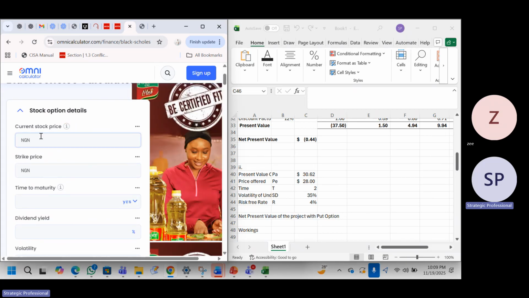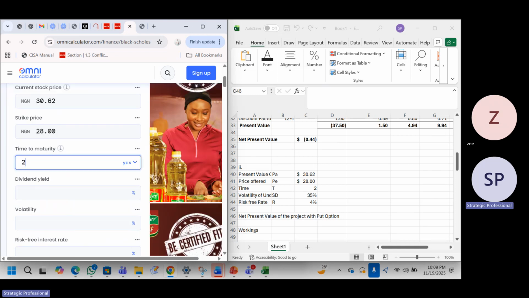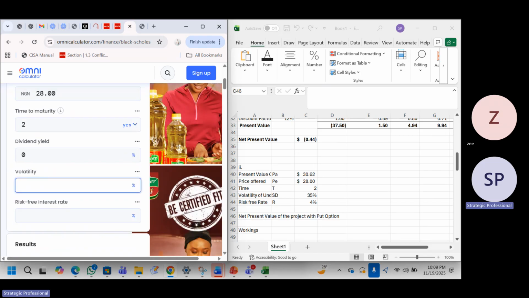Confirm you can see my screen, please. So what is my PA? My PA is 30.62. My strike price is 28. My time to maturity is 2. My dividend yield is nothing, so I put 0. My volatility is 35%. So it's already in percentage.